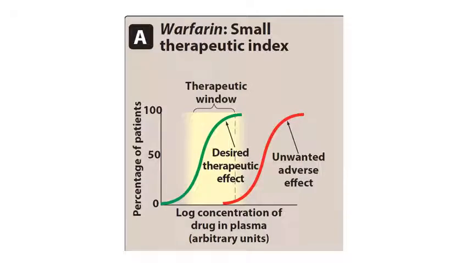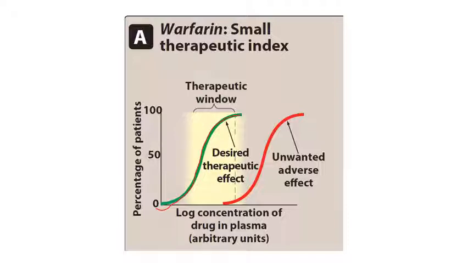Let's see this example in which warfarin has a small therapeutic index, which means that the dose that can produce a therapeutic effect is very close to the dose that can produce unwanted or toxic effects for this drug. With increasing concentration, we will increase the response.